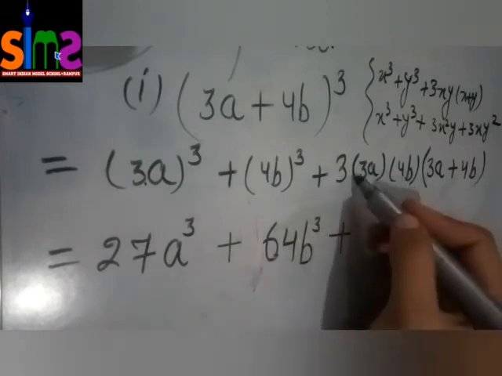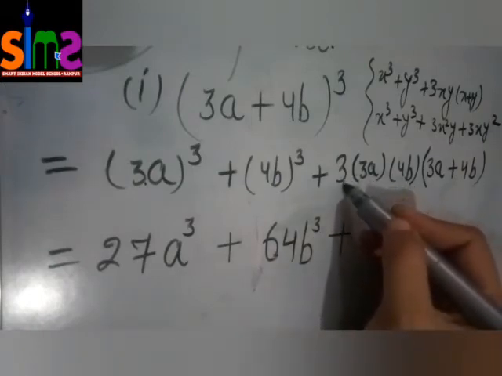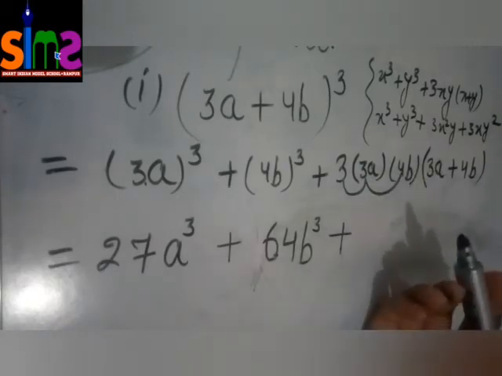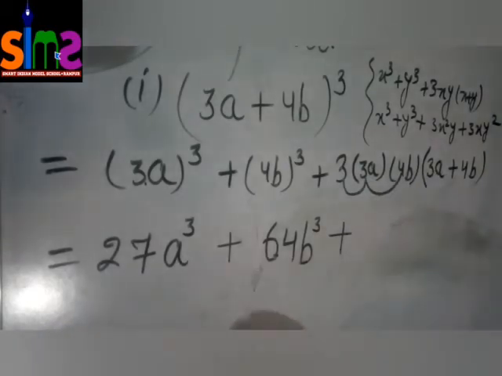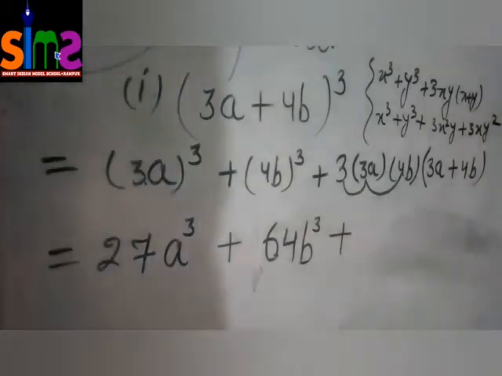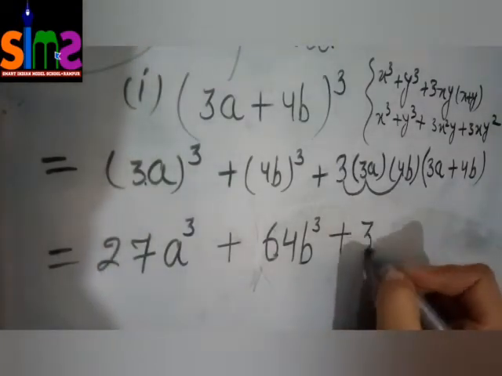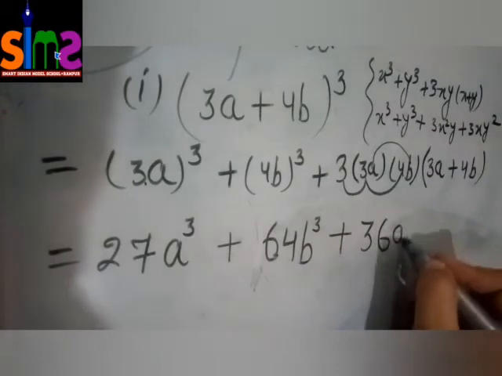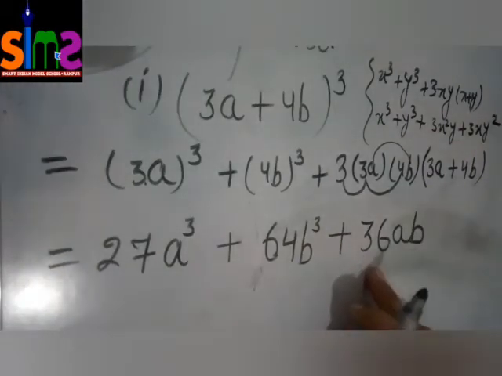Plus, now multiply this 3 to this 3. 3 3 is 9 and 9 4 is, tell me children, imagine, what is 9 4? Yes, 9 4 is 36. So we will get 36, and this a and this b with it, 36ab.